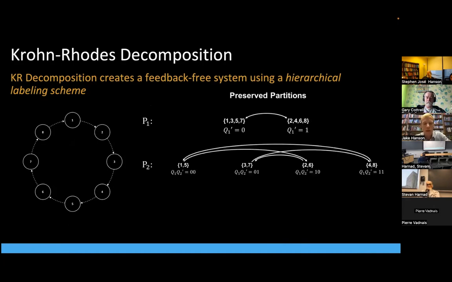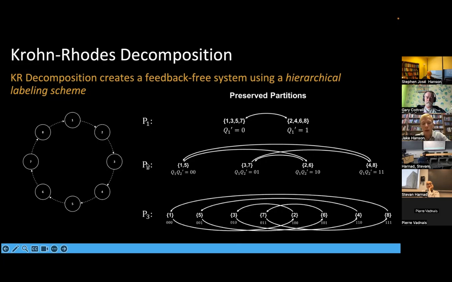Your next bit adds a level of refinement and says where in that first even or odd structure you are. So if you're odd, are you in the 1-5 set or the 3-7 set? That bit only depends on the first 2 coordinates. And then your third bit specifies fully the system.